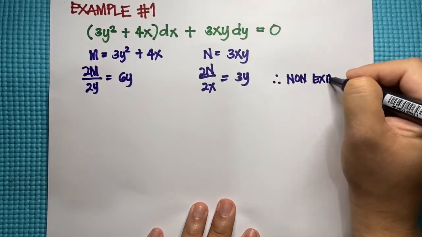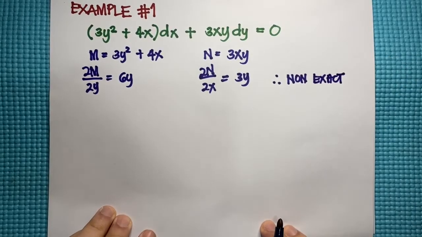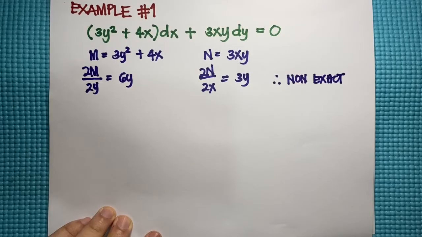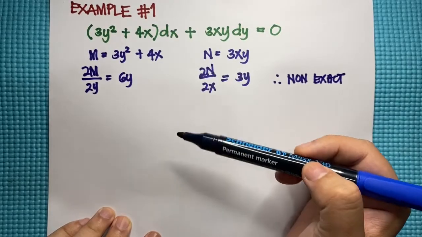differential equation. For a non-exact differential equation, our next step is to determine the integrating factor. To determine that, we will be classifying whether the given differential equation falls under the 3 different cases.